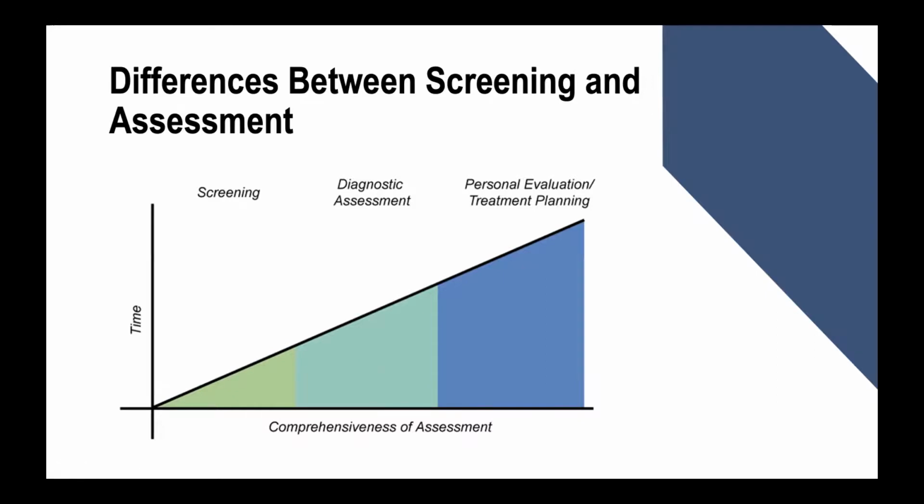Making a diagnostic assessment, again, time increases. And then beyond that would be a personal evaluation and treatment planning. So the more they need help, the more time it's going to take. When you're screening someone, it's just screening them for whether or not we think they need more in-depth work, where we maybe bring out deeper tools to use with that patient.